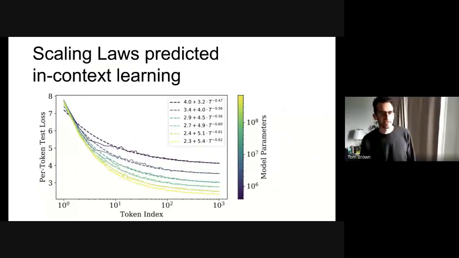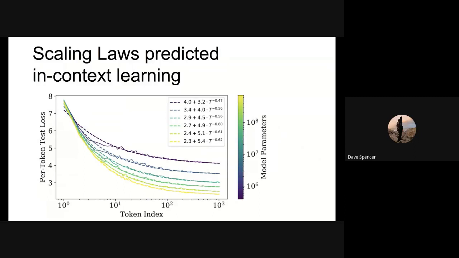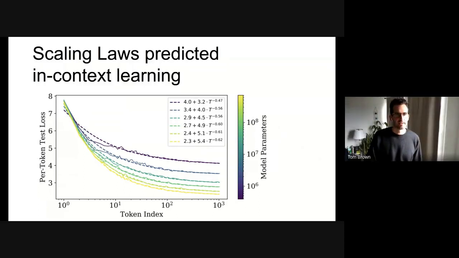And then another prediction was made by plotting the loss of each token. They noticed that these things were going down for any given model size. So this is the smallest model. And to some degree, this is basically what ended up in GPT-3 being the in-context learning.